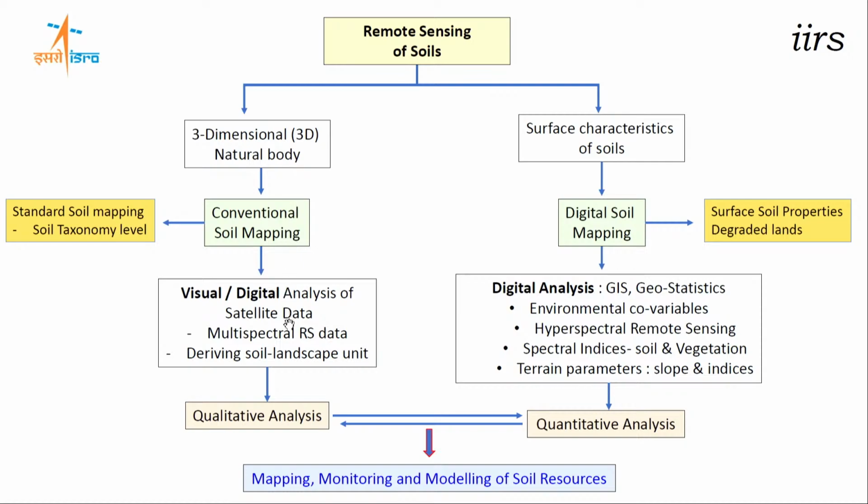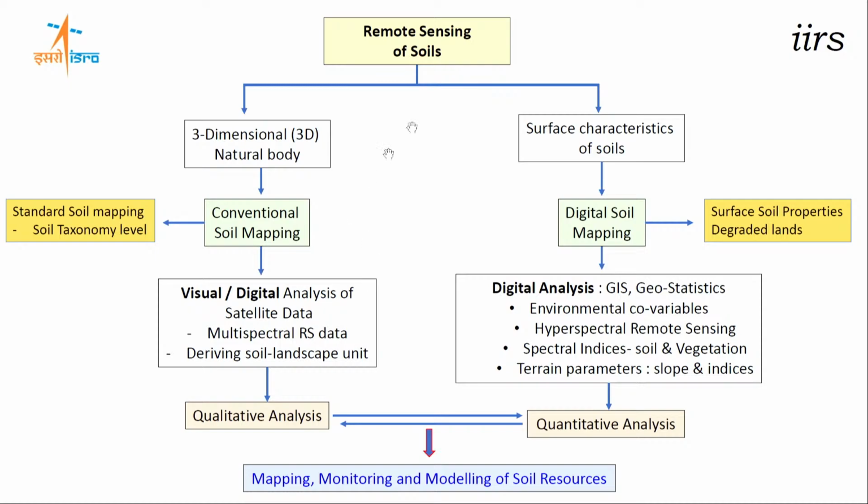In general we use visual analysis of satellite data, using multispectral remote sensing data. This multispectral data is used to delineate or study the soil landscape unit, and the soil landscape unit forms the basis for soil mapping.